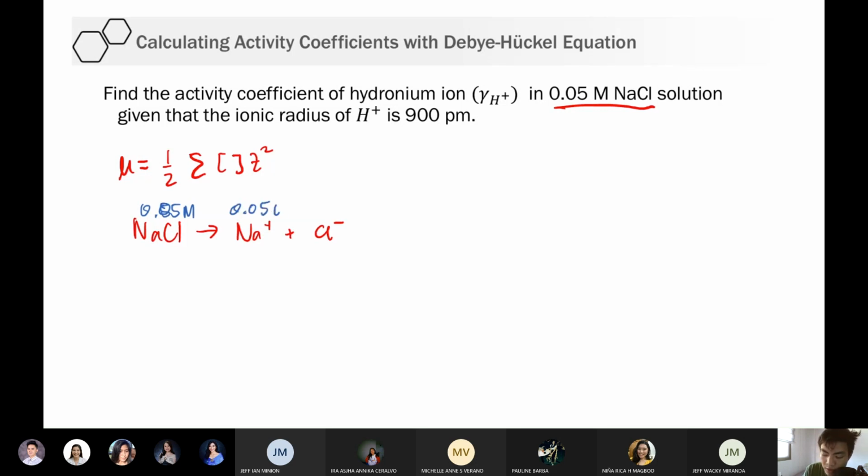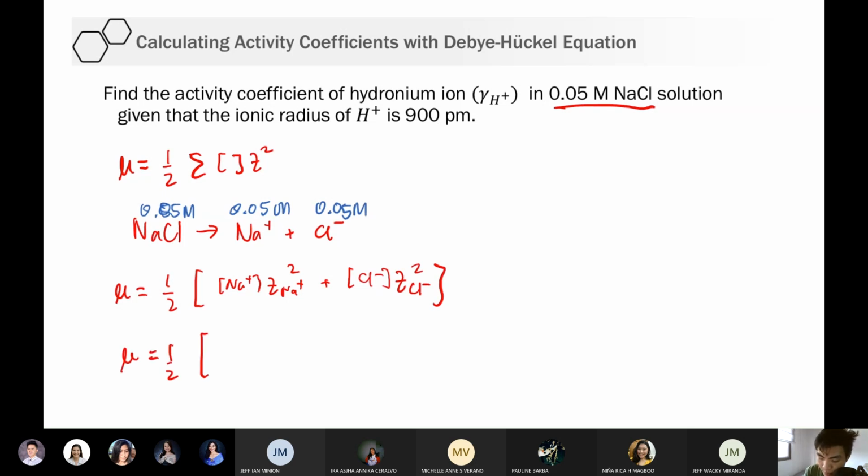That will also be 0.05 molar. So let's plug it into our mu equation. Mu is equal to 1/2 times the concentration of sodium ion times the charge of the sodium ion squared, plus the concentration of chloride ion times the charge of the chloride ion squared.